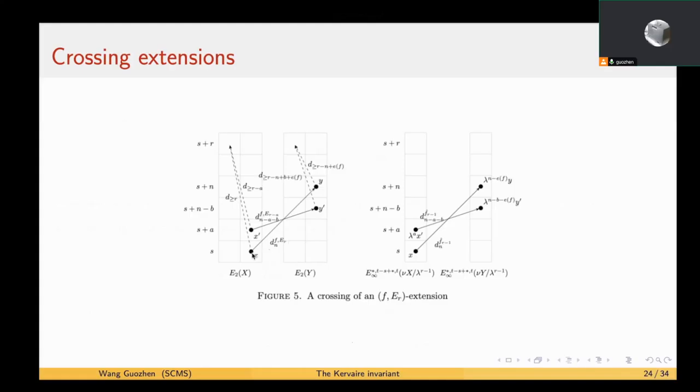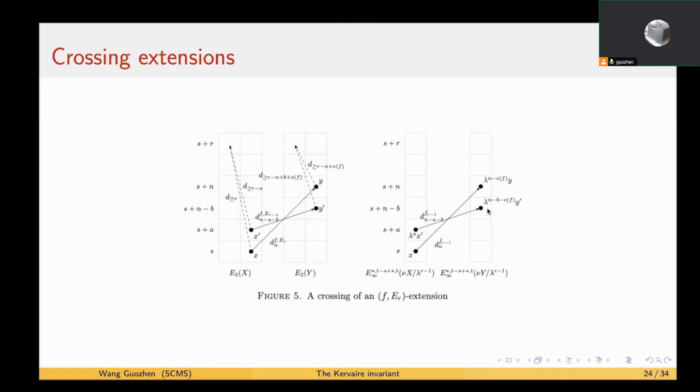So suppose we have a f extension on the ER page from x to y. That crossing means the essential extension from x prime to y prime. And moreover, we require that x prime survive to the E-A page and y prime survive to the E-N plus B plus EF page.